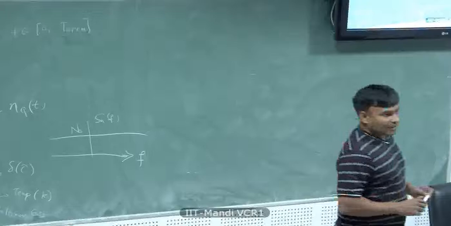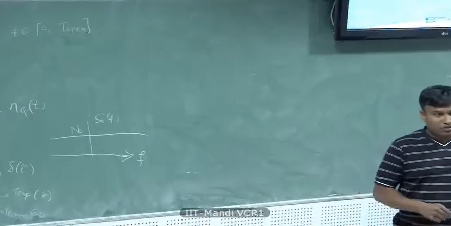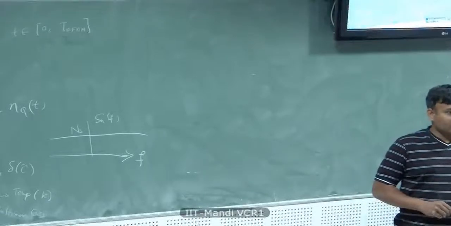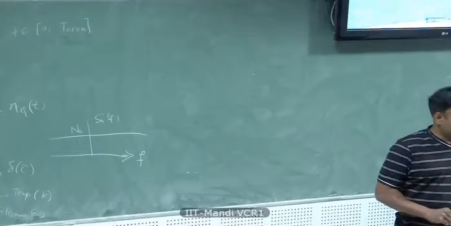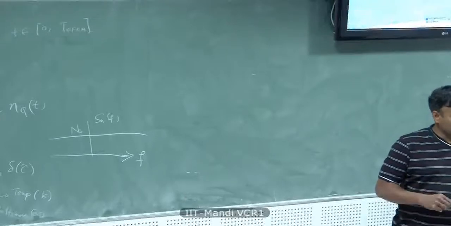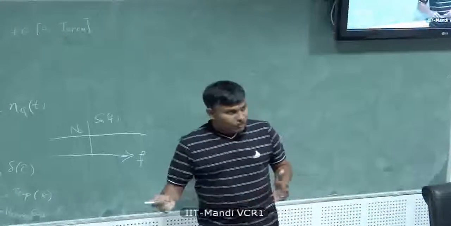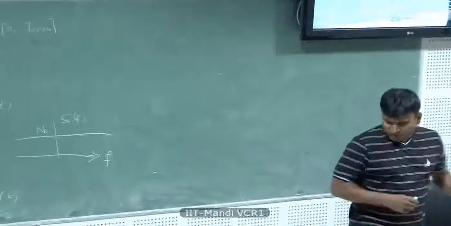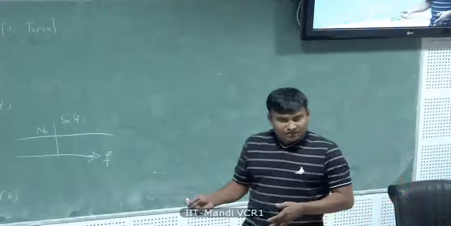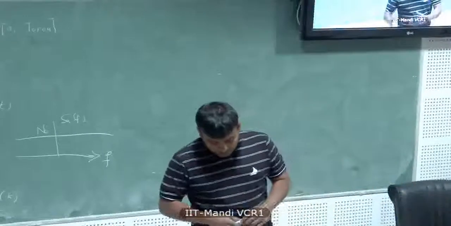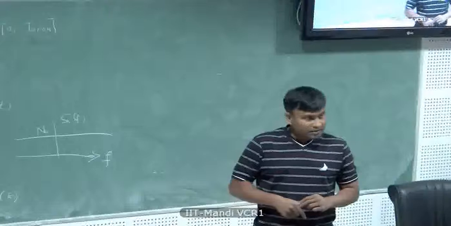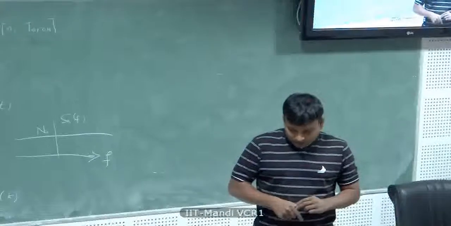Or sometimes minimizing the bit error rate directly corresponds to maximizing the signal to noise ratio at some point in the receiver. So we'll take the latter approach where we'll maximize the signal to noise ratio. We won't explicitly show that it is going to maximize signal to noise ratio, but you will see it through in the various steps involved.